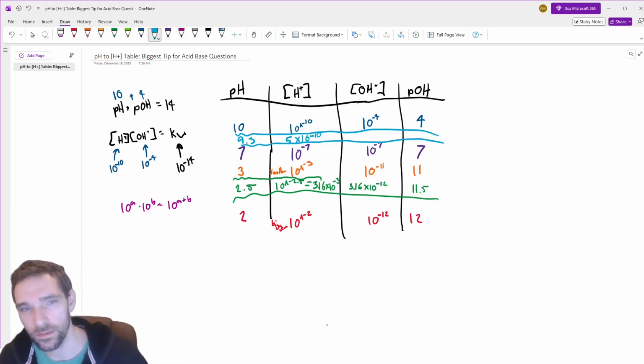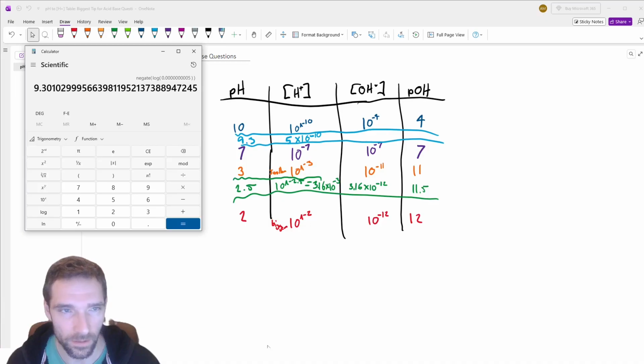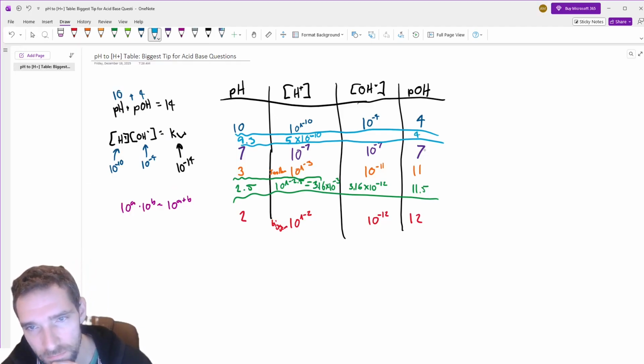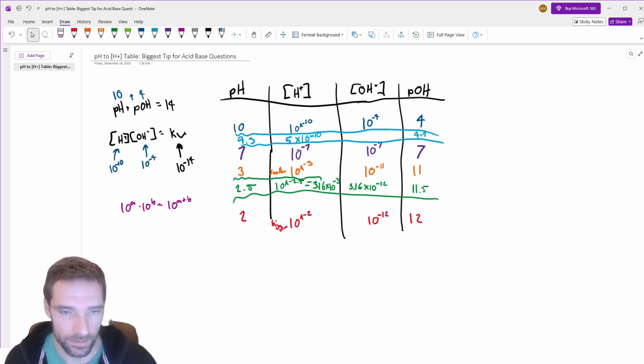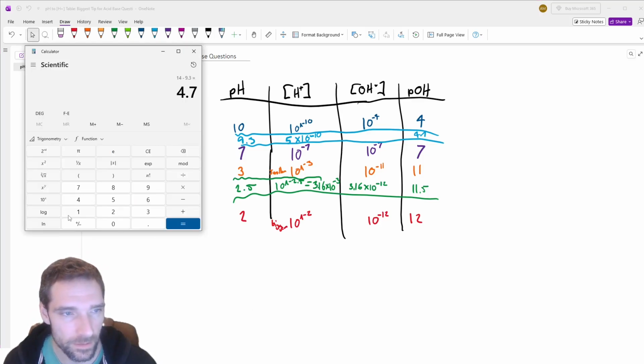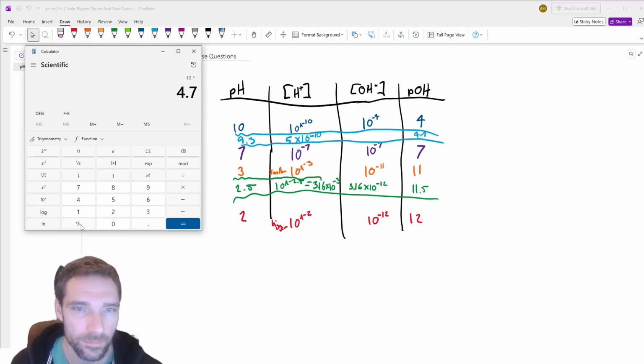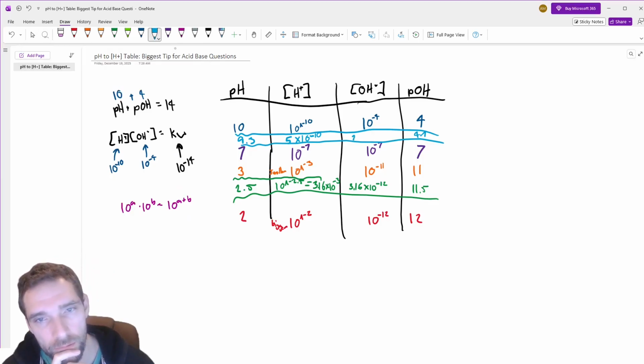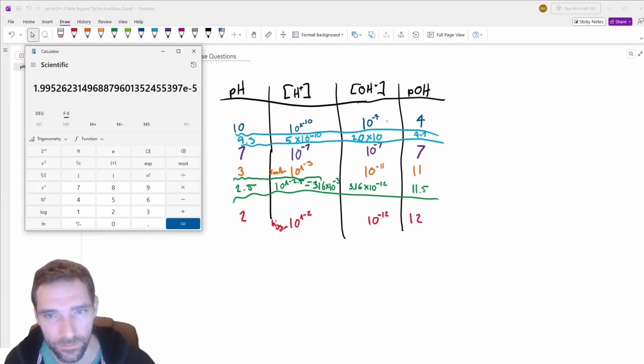You can then see what that pOH would be. So if you've got 14 minus 9.3, I'm getting 4.7. And if we take 10 to the negative 4.7, we're getting about 2 times 10 to the negative 5th power.